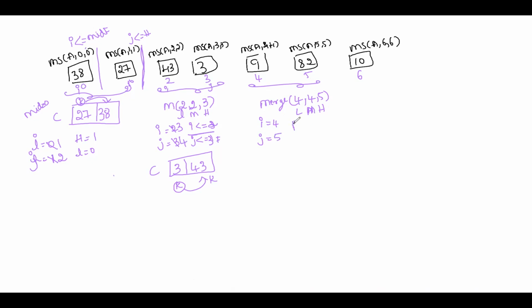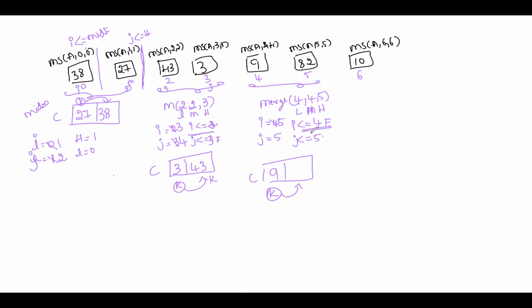And I should always be less than or equal to mid, and j should always be less than or equal to high. So when I compare 9 and 82, I know that A of I is lesser. Hence, I'm going to copy the value of A of I into C and then increment the value of I, which will fail this particular condition. Hence, I will exit the loop.